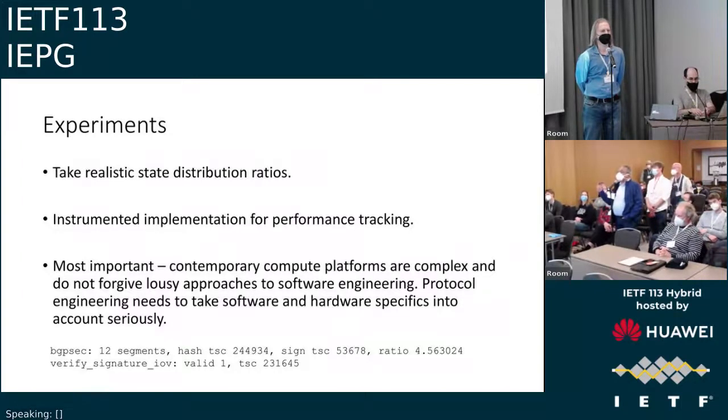We need to look at higher level things and say, can we do this in a way that we are taking those into account? We can't say this works well on this particular platform or works very well on this Broadcom chip. But I think we still need to do more than we are doing today, in terms of, this looks like a nice wire format, let's go with it. And then we get 34 minutes.